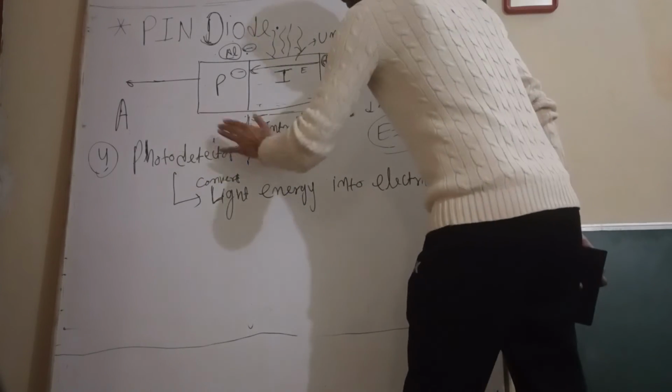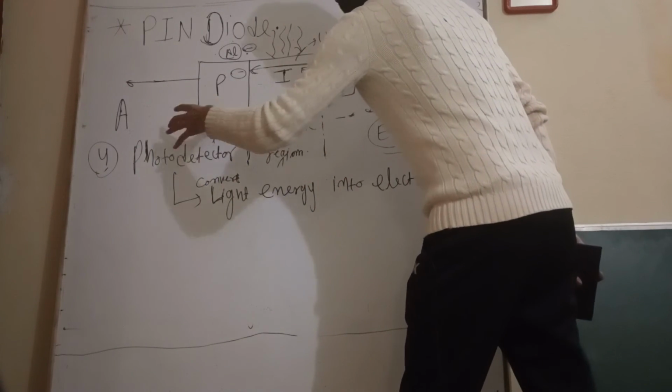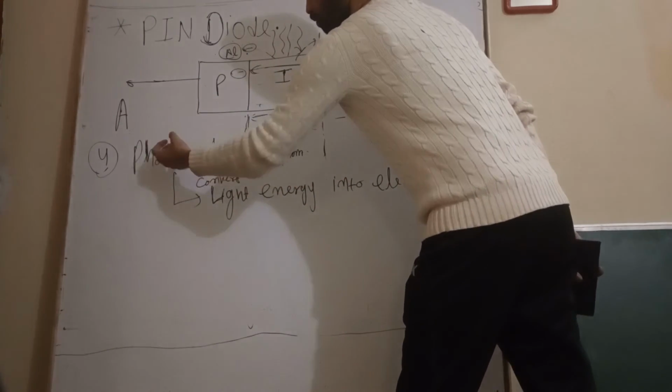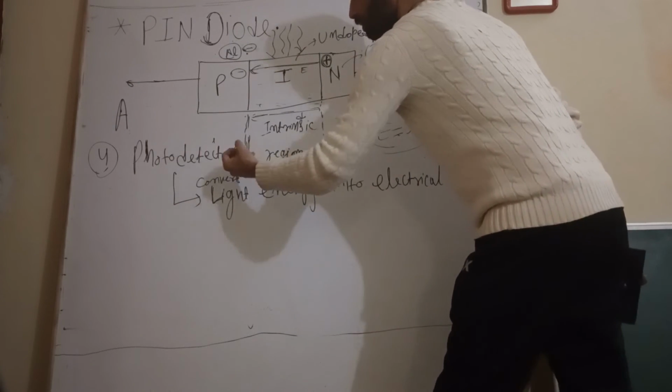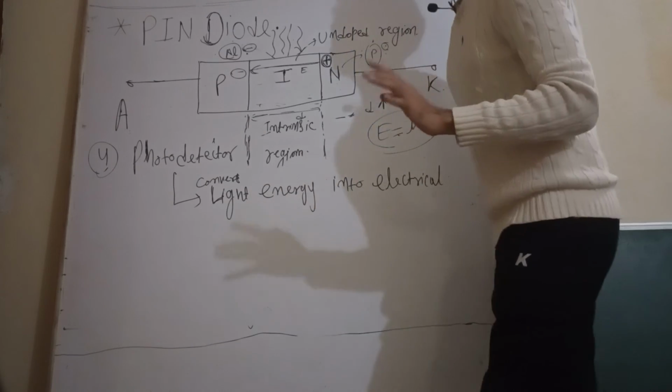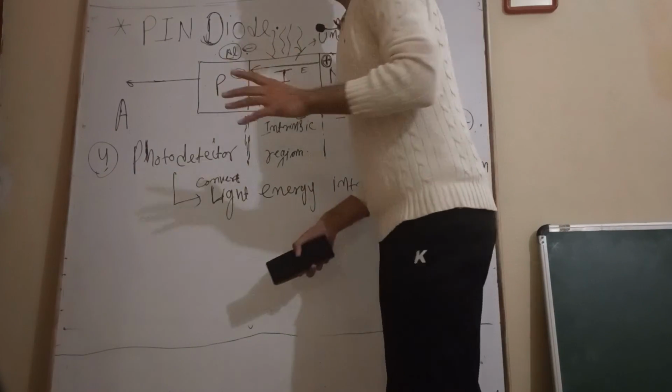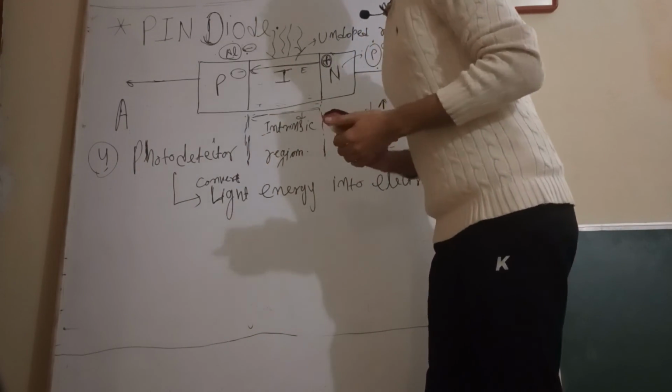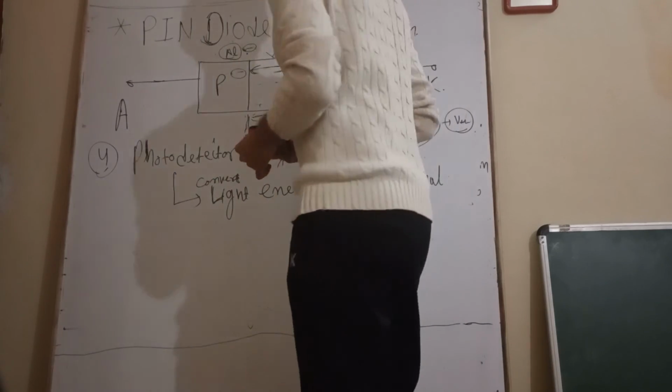So it works as a photodetector. Photo means photon detector, so it is a transformation of light energy into electrical energy. These are some features that we have seen in the case of the photodiode.